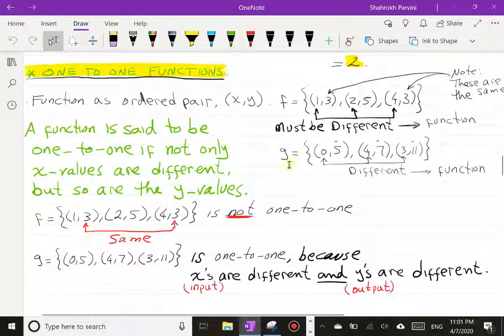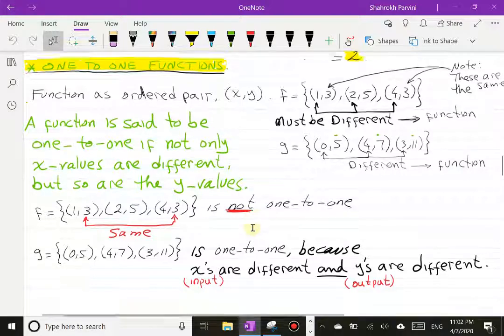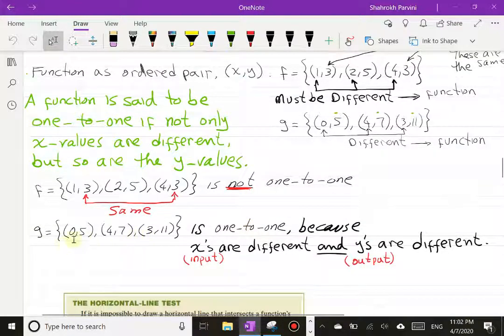So again, I brought f and g down here, and I'm talking about them now. In function f, because you have 3 here and 3, those are the same. Therefore, this is a function, but it's not one-to-one. G, on the other hand, is also a function, and 5, 7, 11 are different.